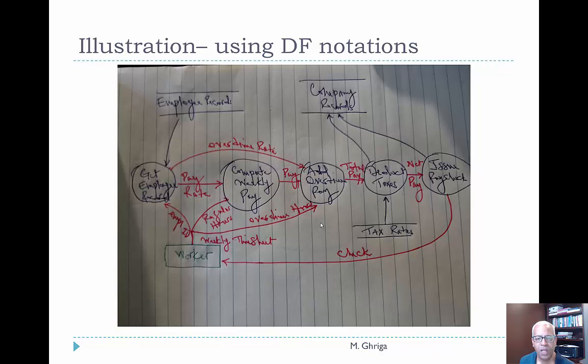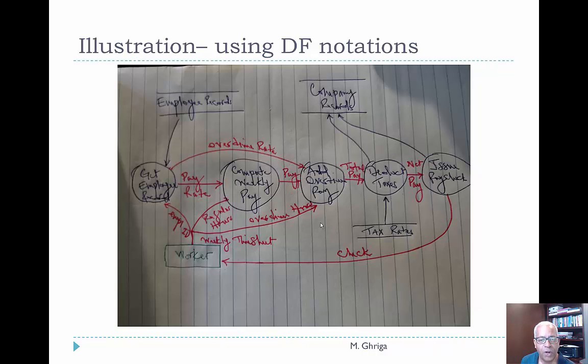So far, for example, in add overtime pay, the name of your process conveys a very specific meaning, and it gives the reader a complete understanding of the action that takes place at that point. In this diagram, first the employee record is retrieved using the employee ID that's part of the weekly timesheet.